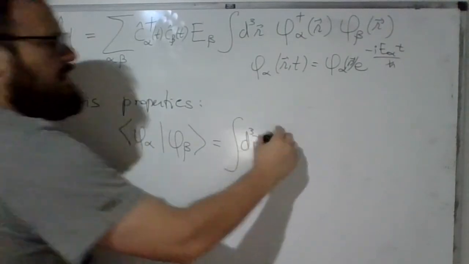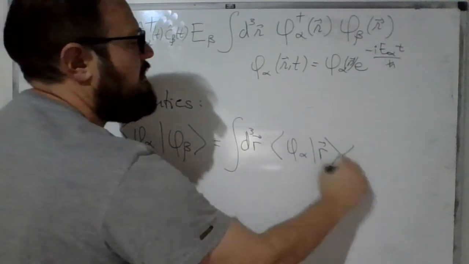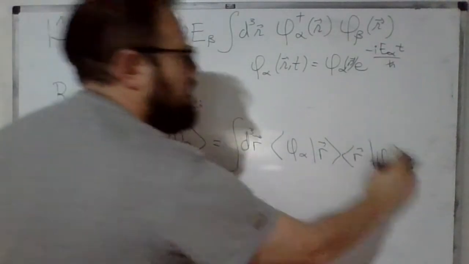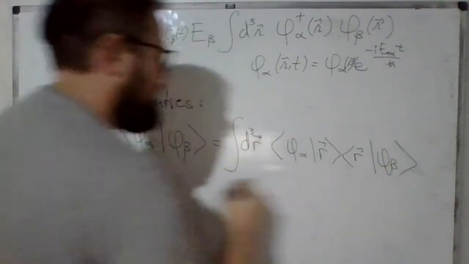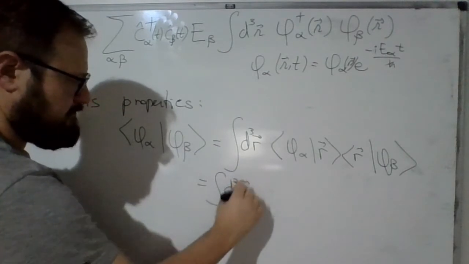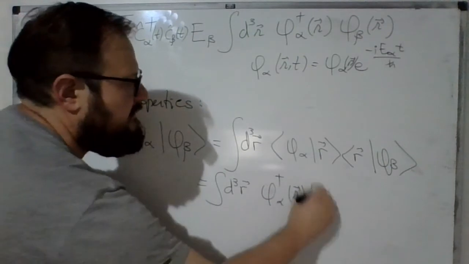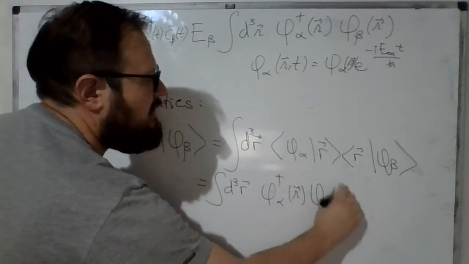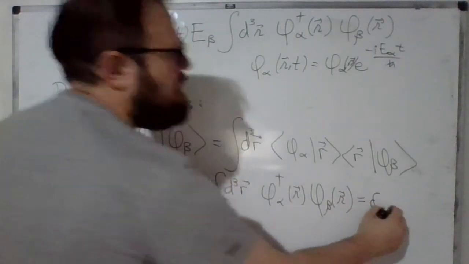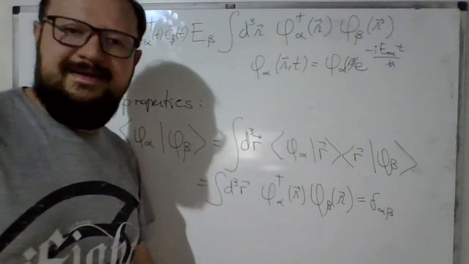So you can insert the completeness here, phi alpha with r, r with phi beta. And this is just the integral over the entire volume of phi alpha dagger of r, phi beta of r. And of course, this is a Kronecker delta. Okay? So this integral is normalized to a Kronecker delta.